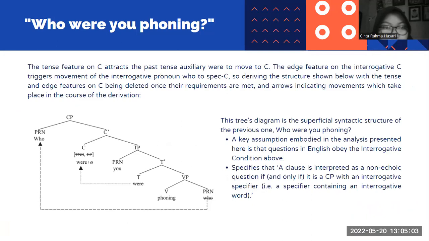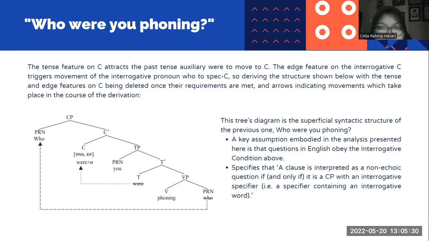The tense feature on C attracts the past tense auxiliary were to move to C. The H feature on the interrogative C triggers movement of the interrogative pronoun who to spec C. So it is deriving the structure shown below, with the tense and H features on C deleted once the requirements are met.